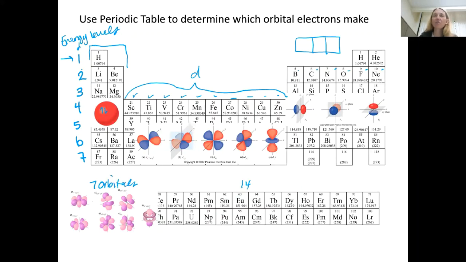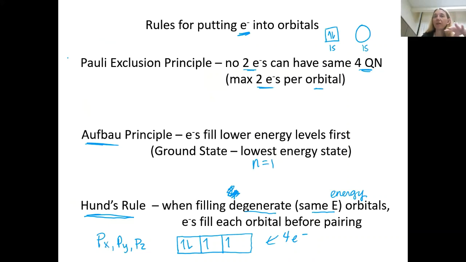So we can actually use the periodic table to figure out where those electrons go as we build up the atoms and the electrons. Okay. And so remember, as we're adding electrons into the orbitals, I'm going to go back for a second. We have to follow these rules, because if we follow those rules, it makes all of the electrons happy, all of the atoms happy, right?